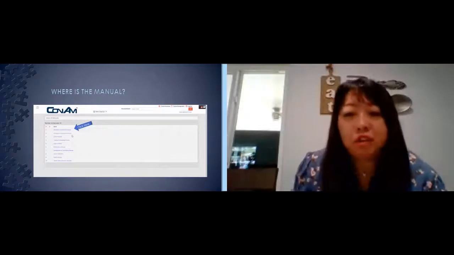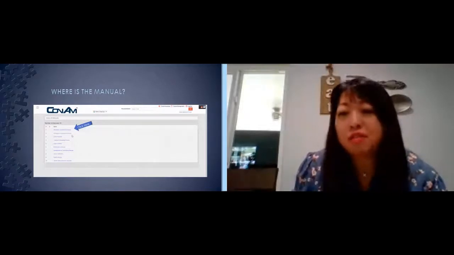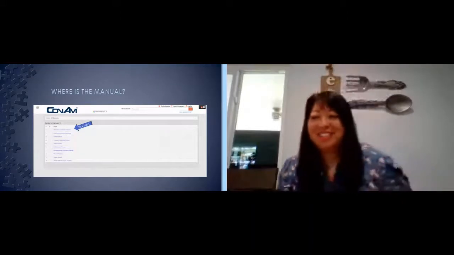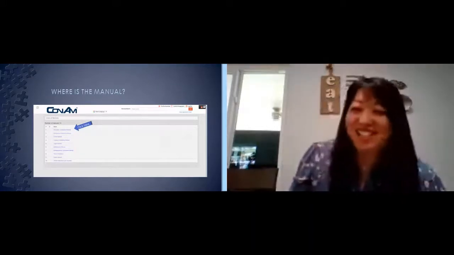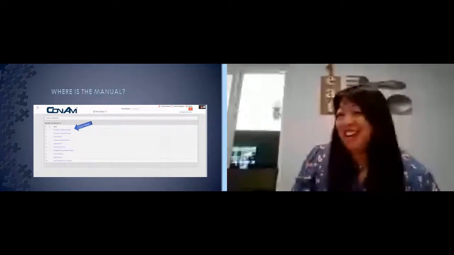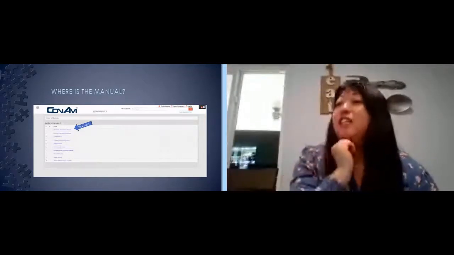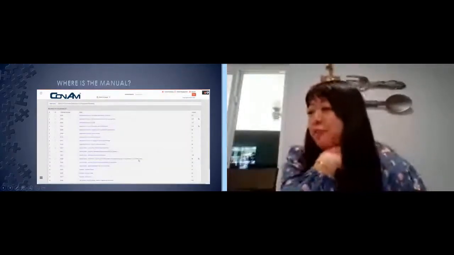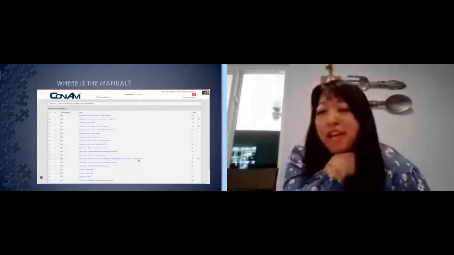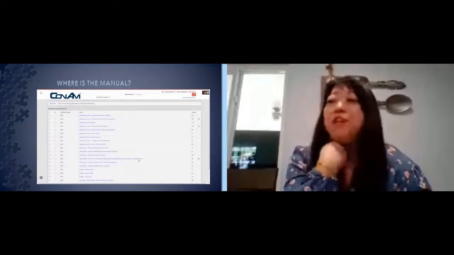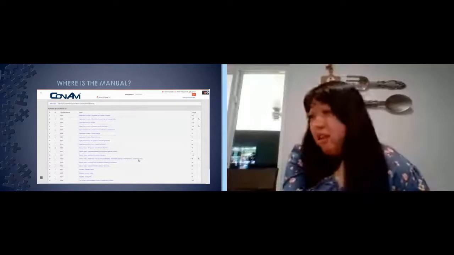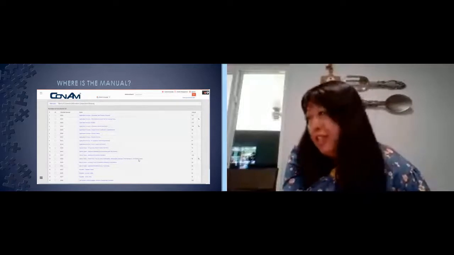Have you all downloaded the crossword puzzle? Or is anybody having trouble? Okay, good. Ready? So where is the manual? This is where the manual is. If you go in and take a look at the compliance manual, I think a lot of people don't know that there are actually 52 documents in here.